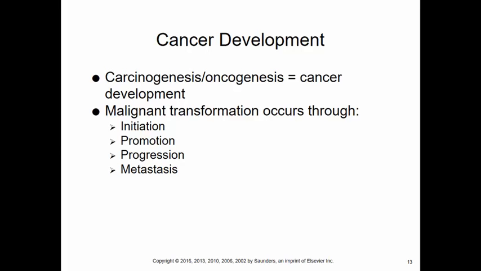Progression is the next stage of malignant transformation, and progression is exactly what it sounds like. It's just the continued change of the cancer. It usually makes it more malignant. At this point, we're seeing angiogenesis, or the tumor actually creating its own blood supply.